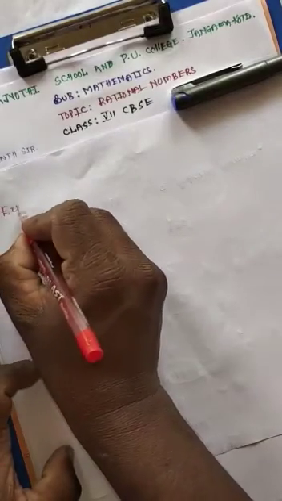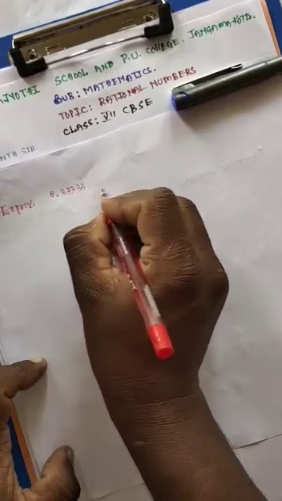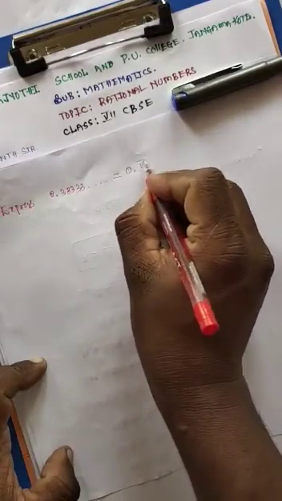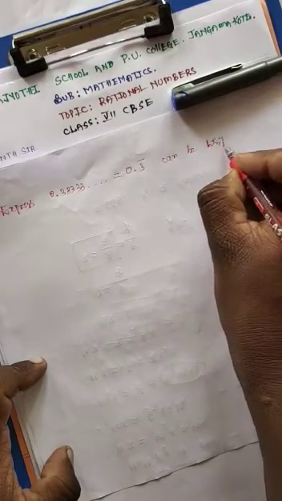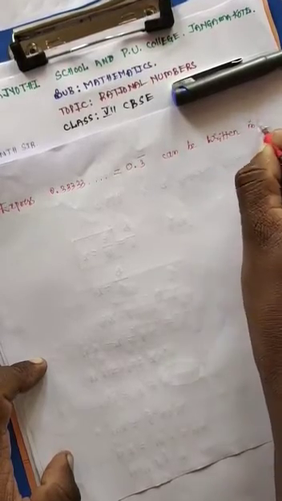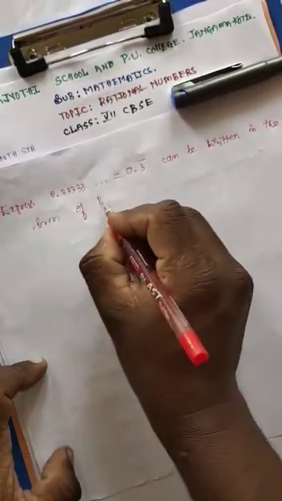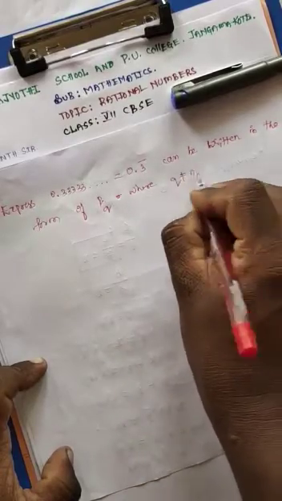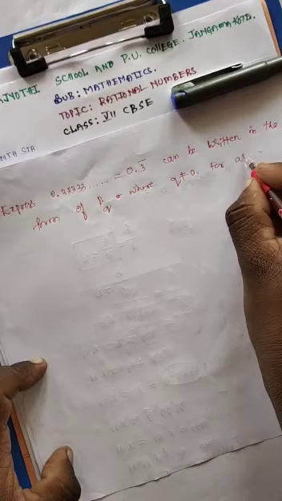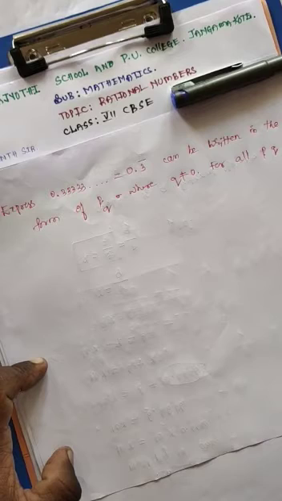Then come to the second sum. Express 0.3333 etc., which is equal to 0.3 bar, in the form of P by Q, where Q is not equal to 0 for all P, Q belonging to integers.